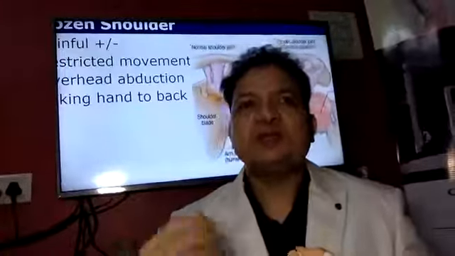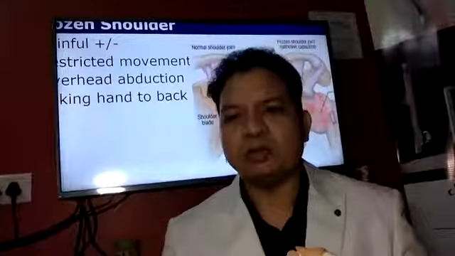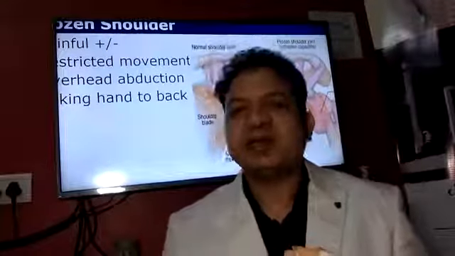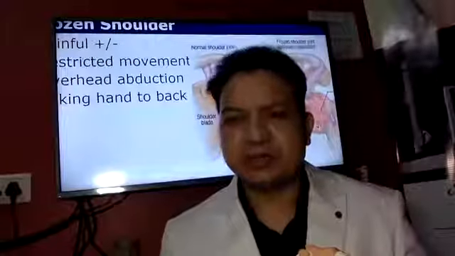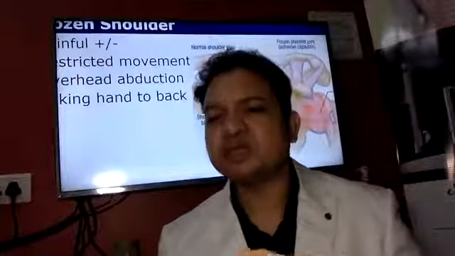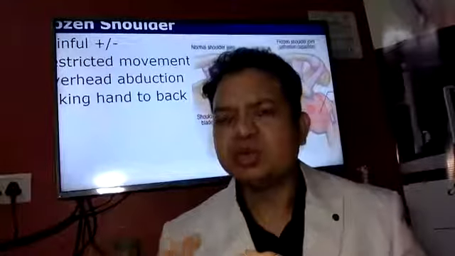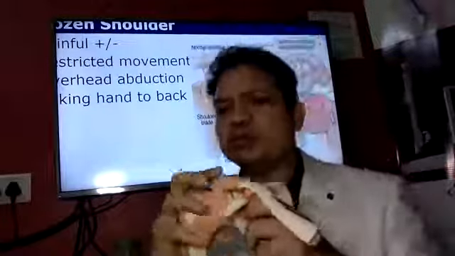Let's see frozen shoulder, the first and very common problem of the shoulder joint. You must have heard about frozen shoulder from various people, your physician, your physiotherapist. So what exactly is frozen shoulder? Frozen shoulder is constriction of the joint capsule of the shoulder joint.